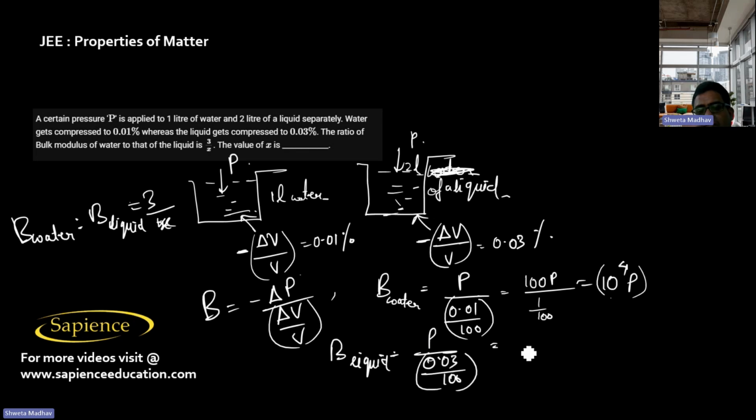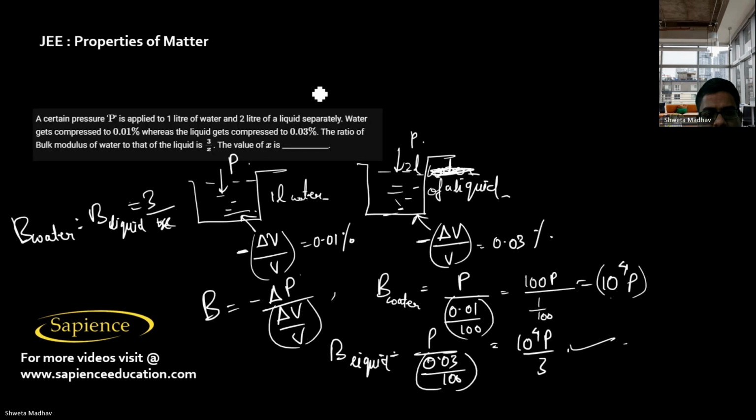So this will be 10 power 4 P by 3. So therefore, the bulk modulus of water, that is 10 power 4 P, is to the bulk modulus of the liquid, that is 10 power 4 P by 3, equal to 3 by x.